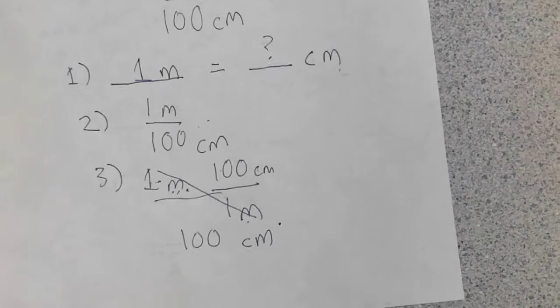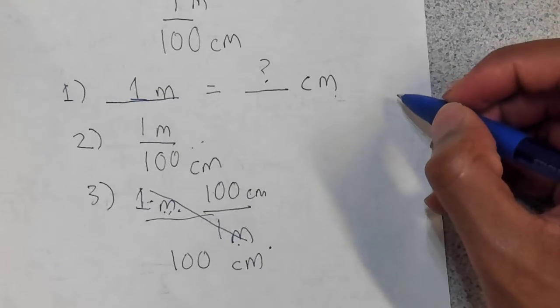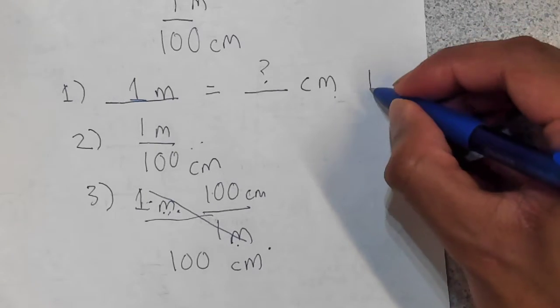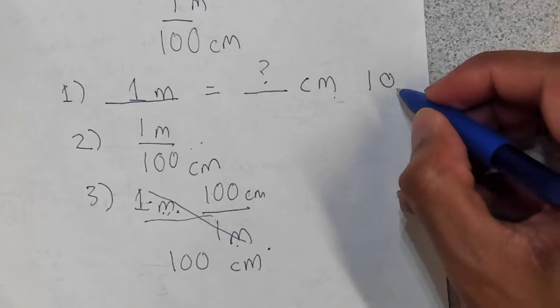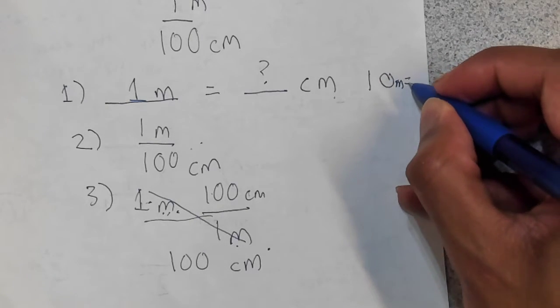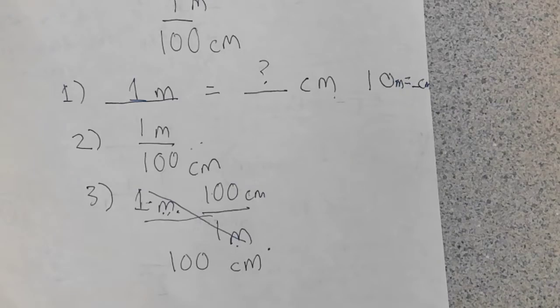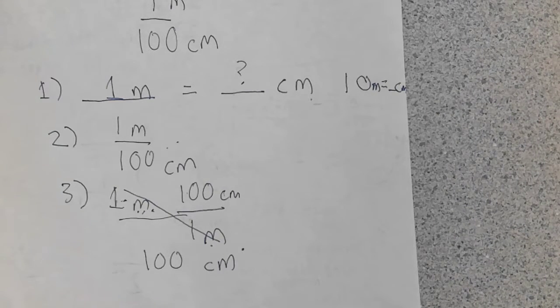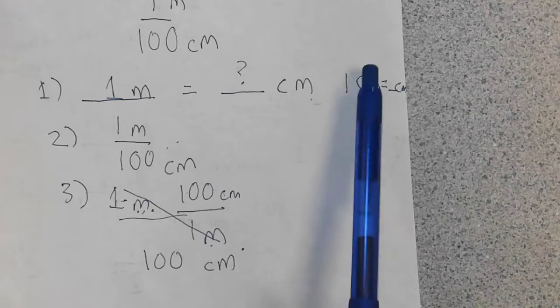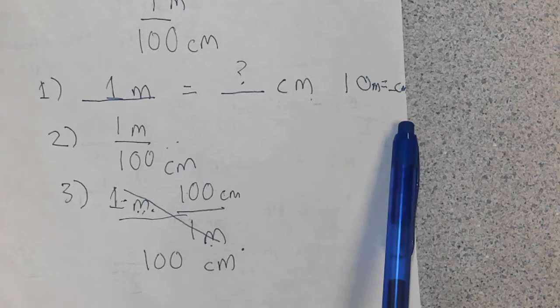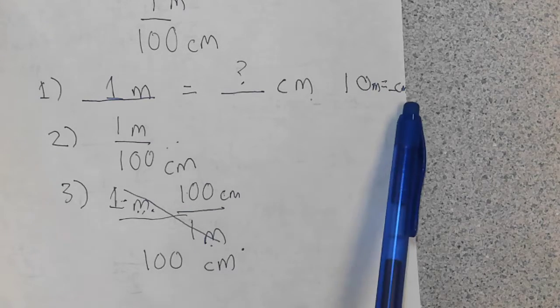Now, more realistically, you'll be given something like, convert 10 meters into how many centimeters. So we're going to follow the same process. Step number 1, we identified and wrote what we were given, what we were converting from, and what we were converting to, centimeters.